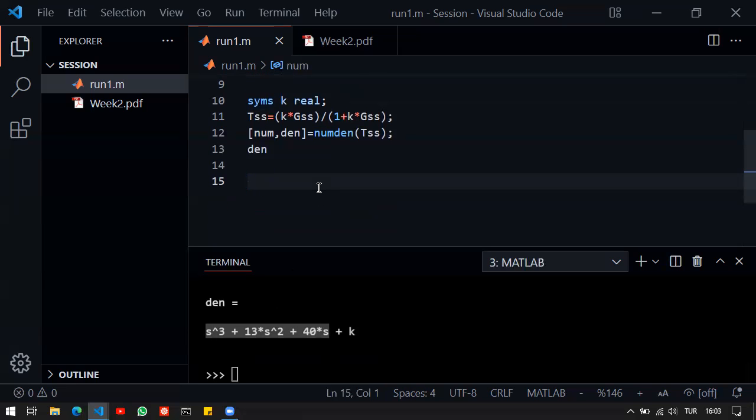If you, for example, try to come up with a controller that chooses a characteristic polynomial that looks like this, etc., this is not possible because you have already 13s squared, and no matter what k is, it will not change. It will always be 13s squared. So therefore, this limitation here is pretty important, and we'll see why.